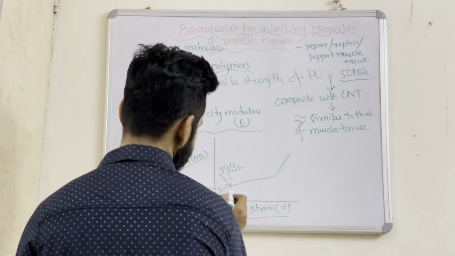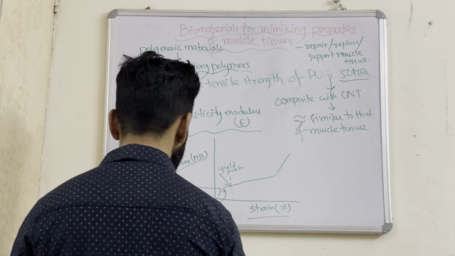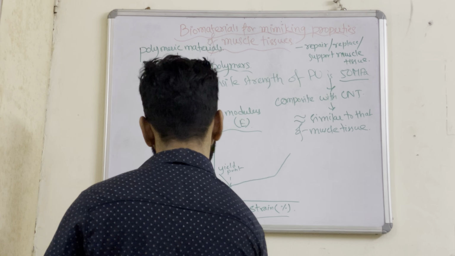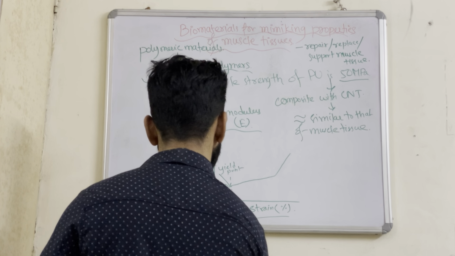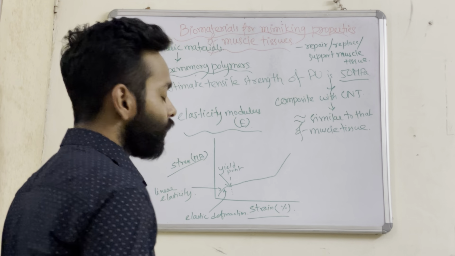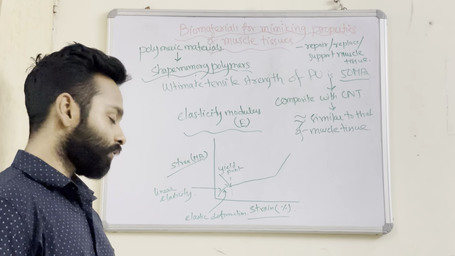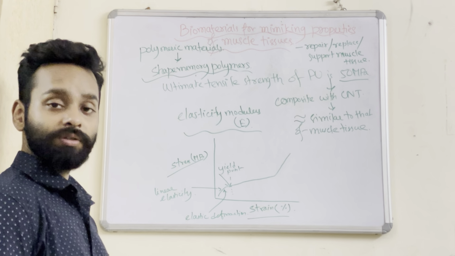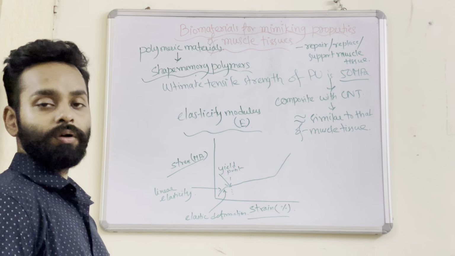Before the yield point the deformation in the material will be elastic deformation. That is, upon removal of the force which is responsible for causing the deformation, the material will revert back to its original dimension.